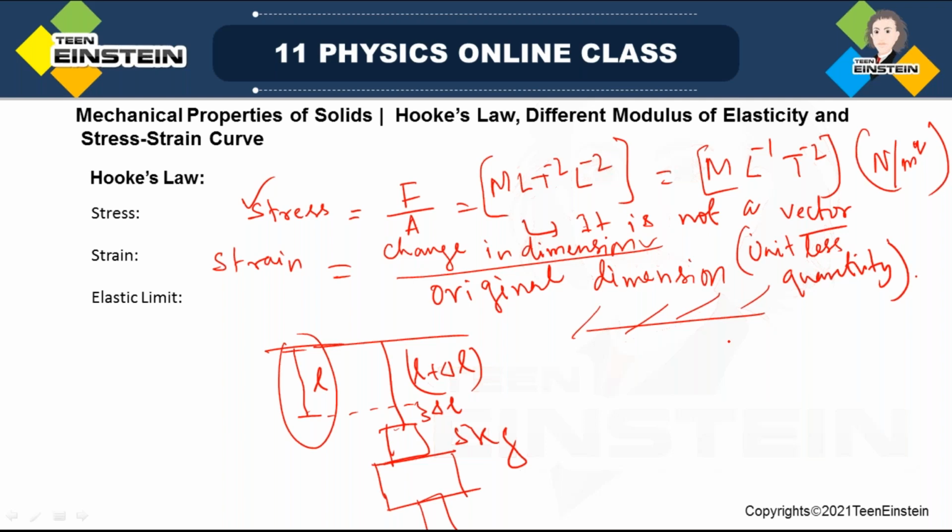But beyond that particular load, it is permanently deformed. It cannot regain its original shape and size. So that is called the limit. If we define the limit, that is called elastic limit.